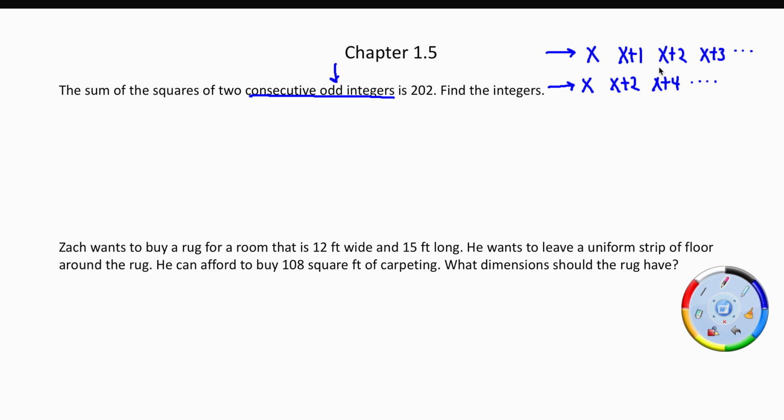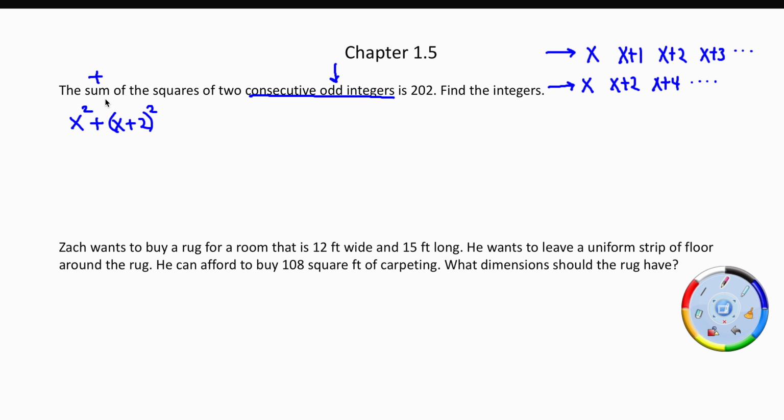So consecutive integers, consecutive odd, or consecutive even. First of all, I've got to know that information. And then I have to be able to interpret these words. So the sum of the squares means I'm going to add the squares of 2 consecutive odd integers. Here are my consecutive odd integers, x and x plus 2, and I want to sum their squares.